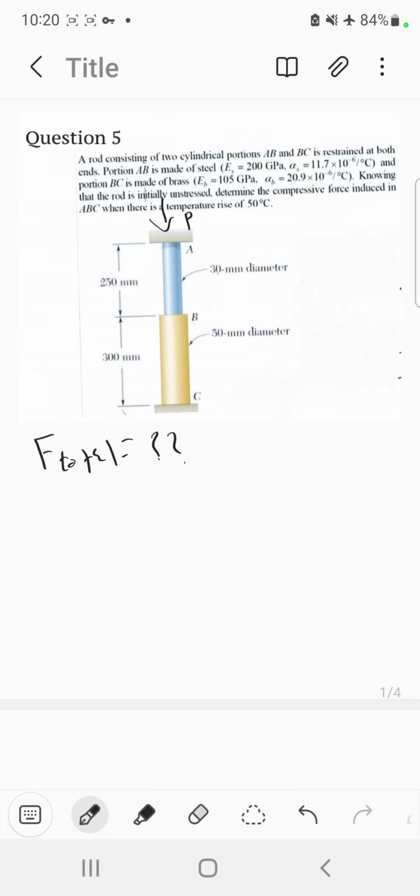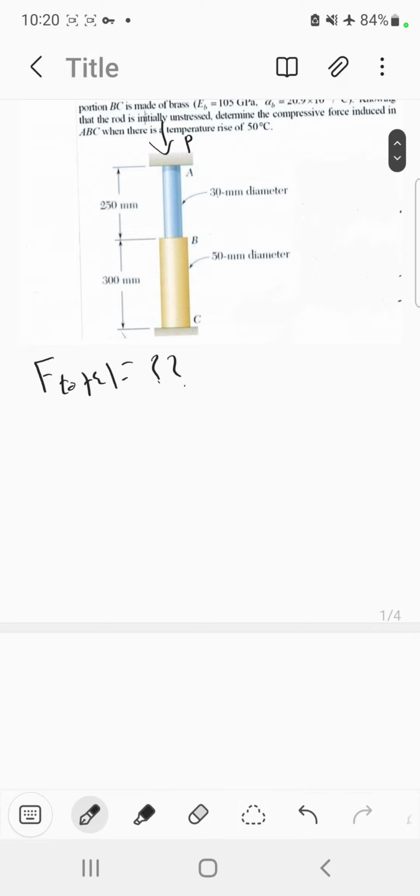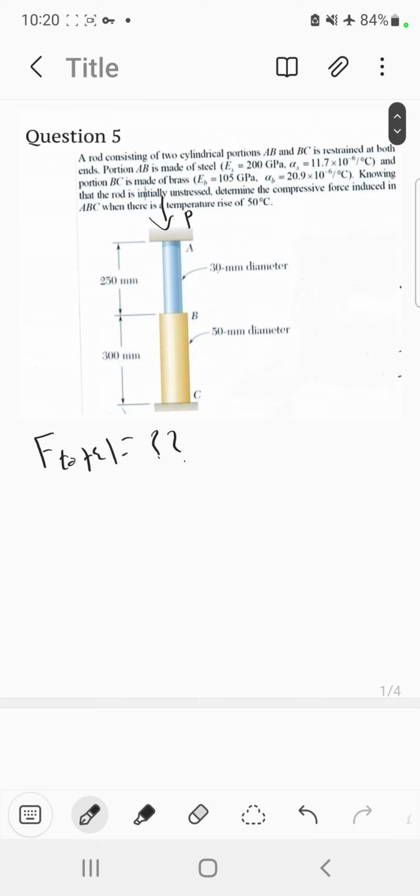Because it's cylindrical, it's better to find the area first. We have to find the area for the brass and for the second material, steel. So let's say area of steel is equal to, we know the equation is pi d squared over 4.